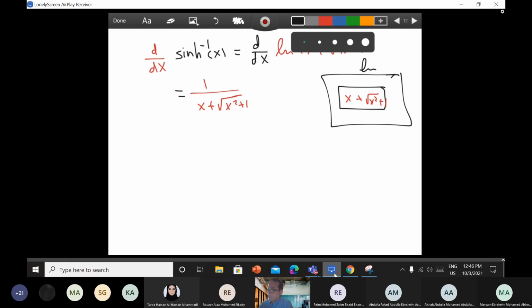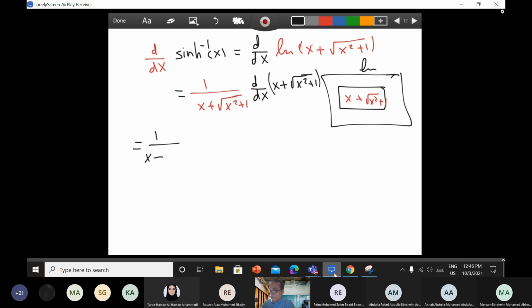And then I differentiate what is inside this one. Now I have 1 over x plus root square of x squared plus 1. What is the derivative of x? d by dx for the first one plus d by dx for the second one.